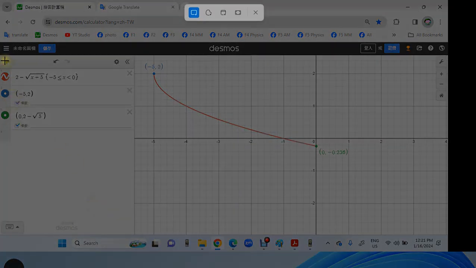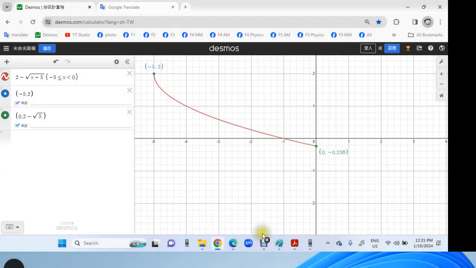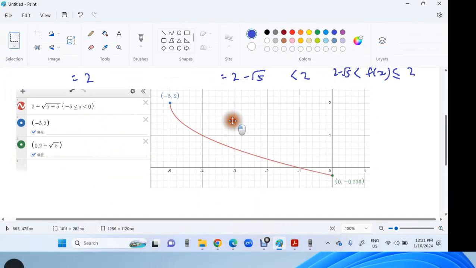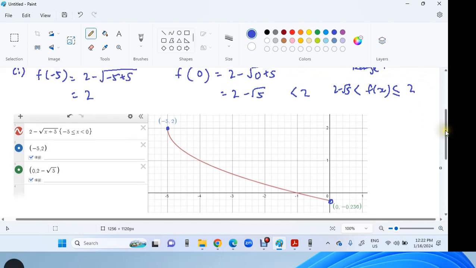So what we have is something like this. And then we can see that it includes negative 5 here, so this is inclusive, but it does not include the 0, so this one is not included. Okay, so the domain is from negative 5 to 0. The range is from the smallest value to the largest value, that is 2 minus square root 5 to 2. Okay, so this is the range.